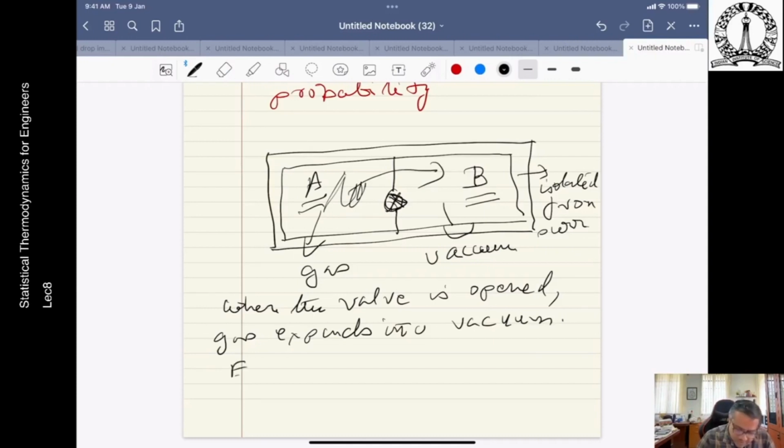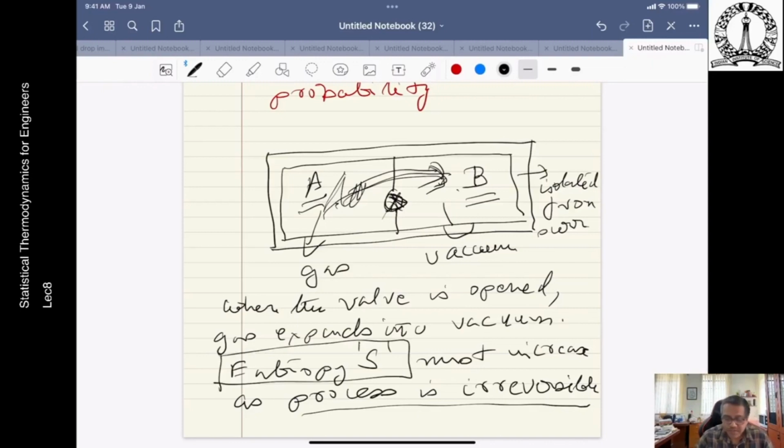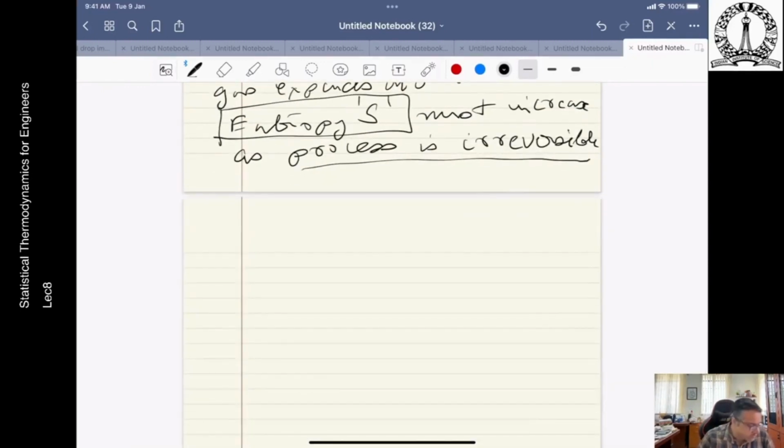So entropy S, from your macroscopic understanding, must increase as the process is irreversible. We have suddenly opened the valve, it is not like a slow transition, so you cannot go back. The gas expands from chamber A to chamber B because B is vacuum, and the process is irreversible. So the quantity entropy must therefore increase. This is given, right?